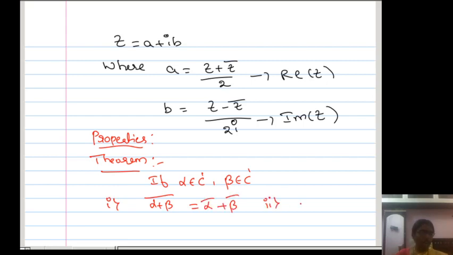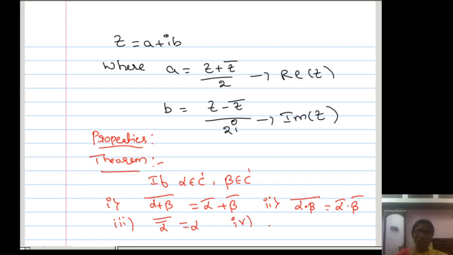Second one: (alpha into beta) whole bar is equal to alpha bar into beta bar. Third one: (alpha bar) whole bar is equal to alpha.